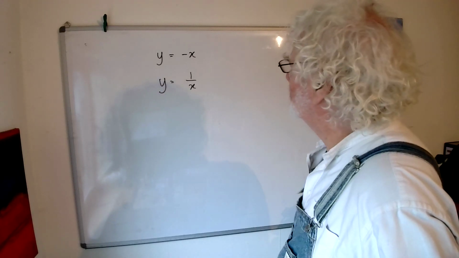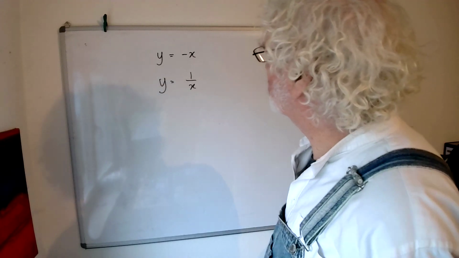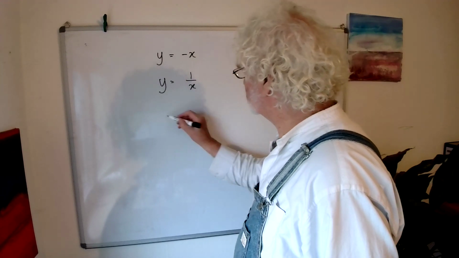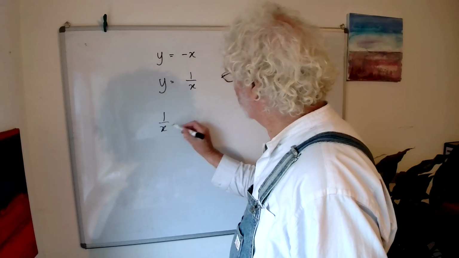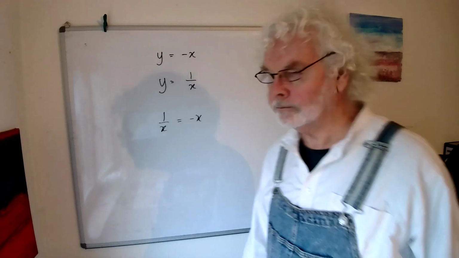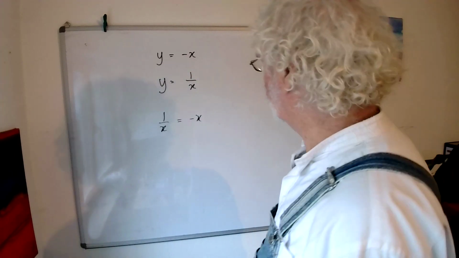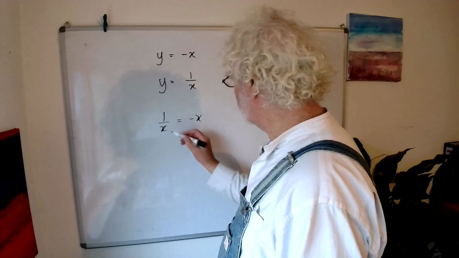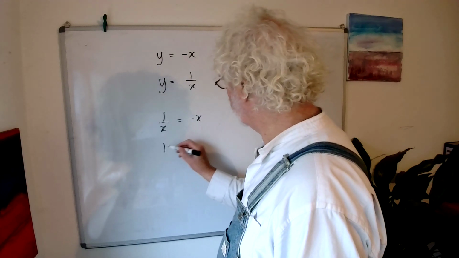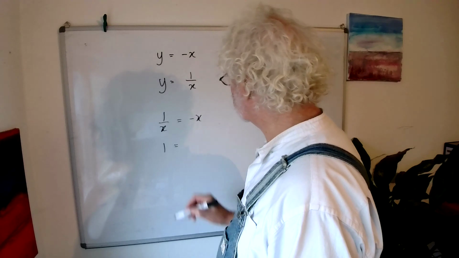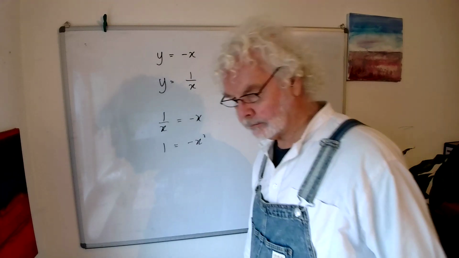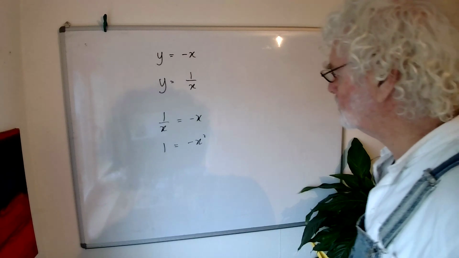So what do you think? That would mean that 1 over x equals minus x. Yeah? And that would mean multiplying both sides by x, that 1 equals minus x squared.